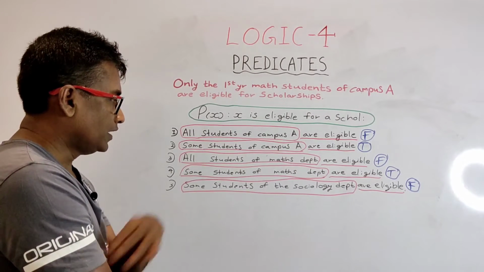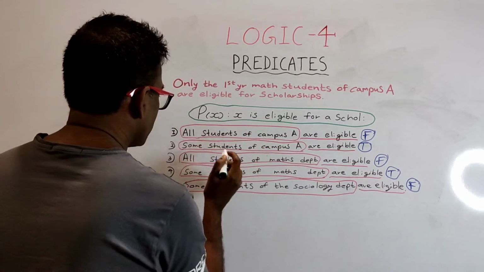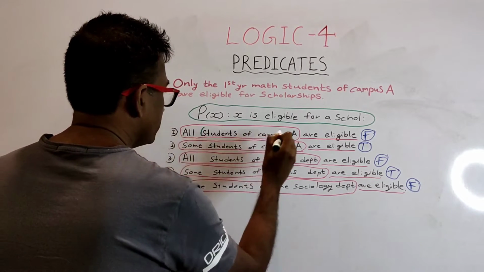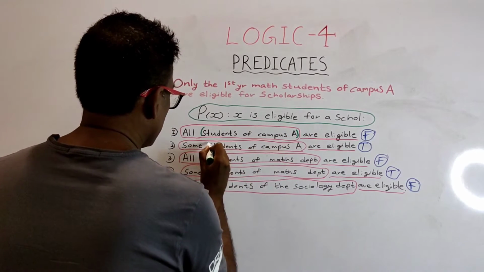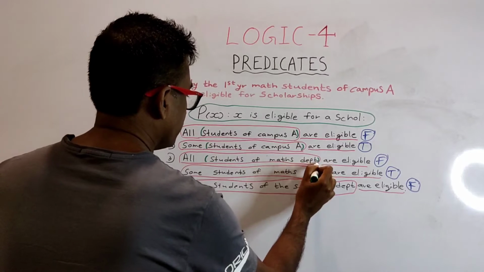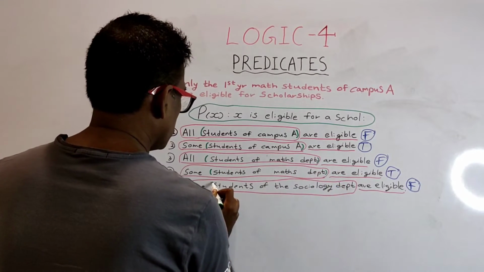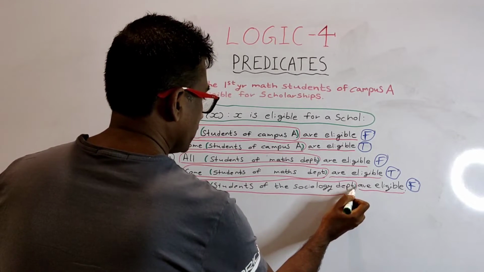Now this well-defined group seems to be constructed from a larger group: students of campus A here, students of campus A here again, students of the maths department, students of the maths department, and students of the sociology department.